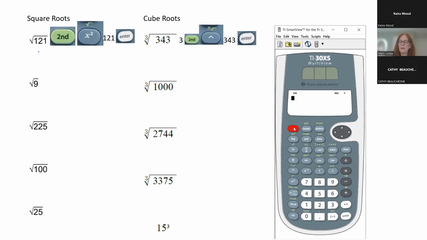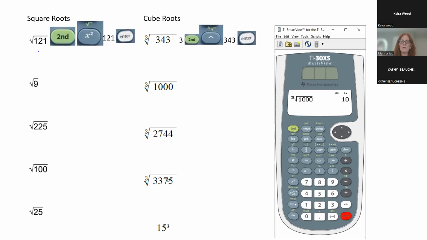Oh, I have to put the 3 in first. Put the 3 in, then the second, then that, and it puts it as a 3. That's saying the cube root of whatever I put in under this sign. So it's 10, because 10 times 10 times 10 is 1,000.